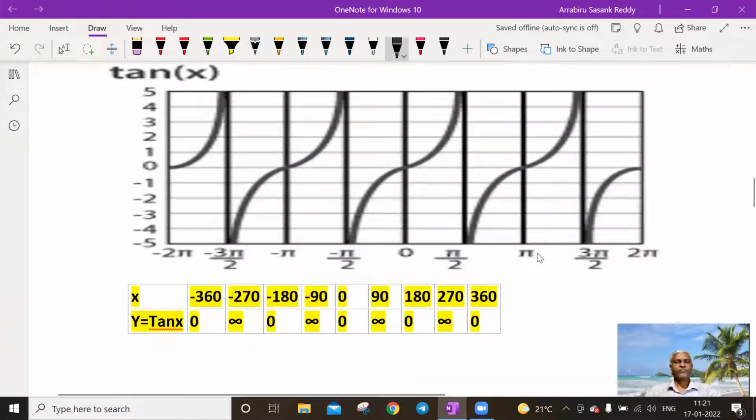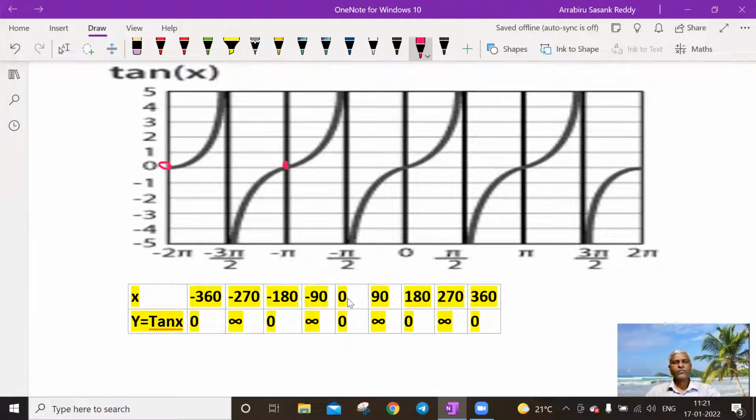And tan, look at this. Tan minus 360, the value is 0. So this point is 0. Minus 270, this is going infinite. And minus 180, again this point is 0. And minus 90 going infinite.